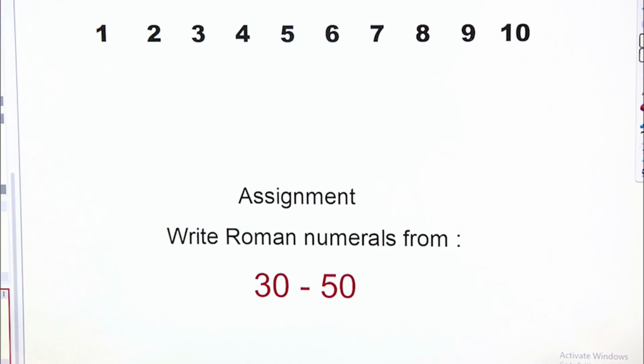The 1 will give us I. I want you to try if you can write these numbers in Roman numerals.